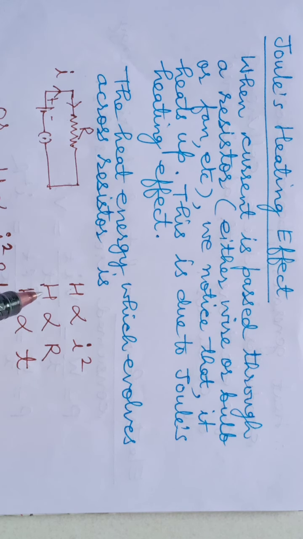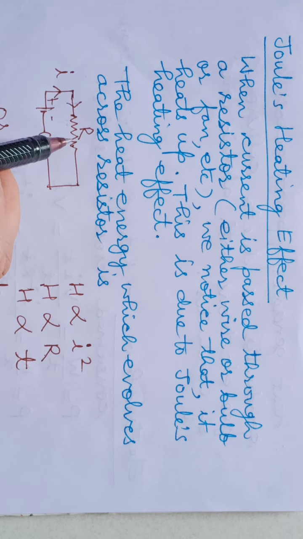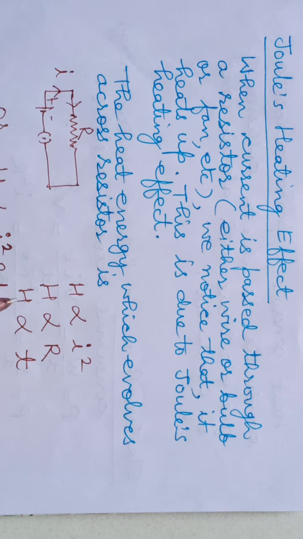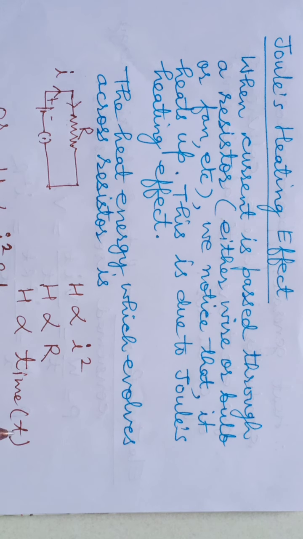It is also proportional to the magnitude of the resistance R. And third, the heat evolved across the resistor, we cannot say generated, because electric energy is being converted into heat energy, so we talk about evolution of heat, conversion of electric energy into heat energy. So the heat which evolves across the resistance is directly proportional to the time for which the current flows. T is time.